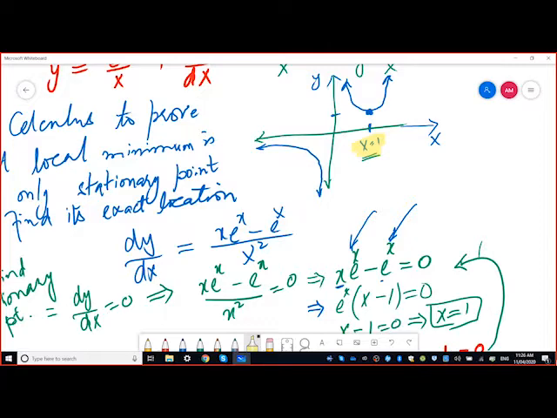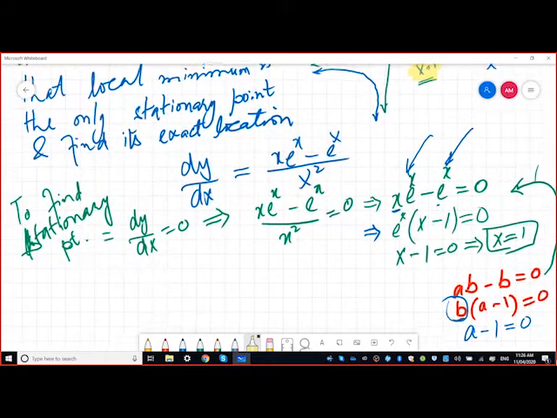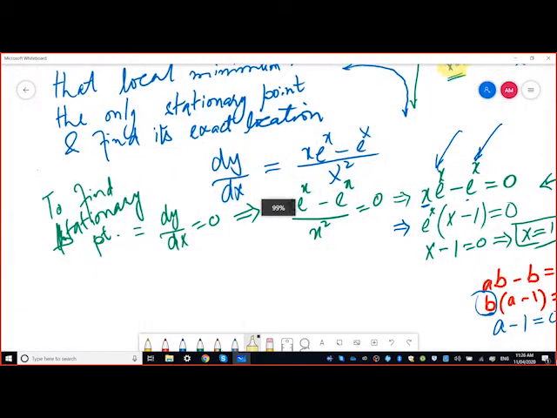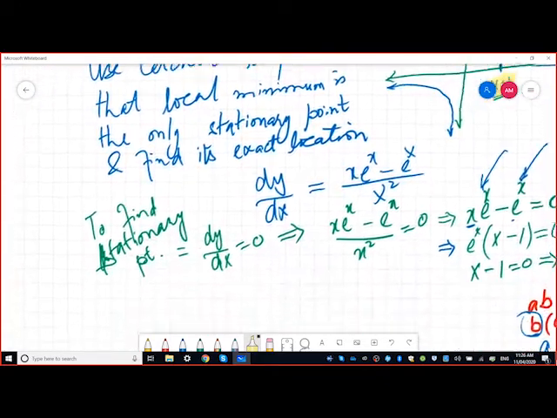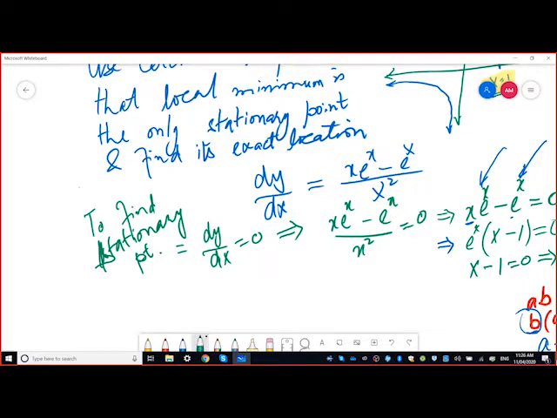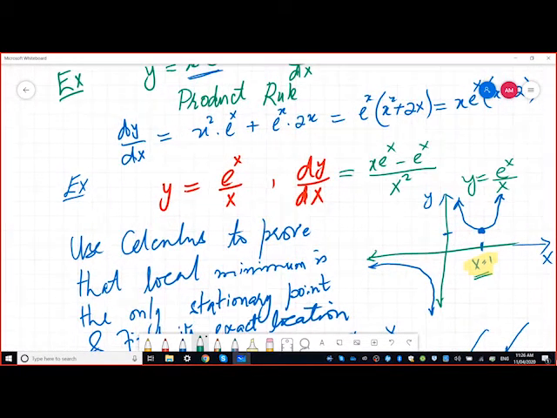Okay, if x is equal to 1 and we have y, let me write y again. We had y is equal to e raised to the power x over x. This was our equation. I just put a box around it. So far, so good?